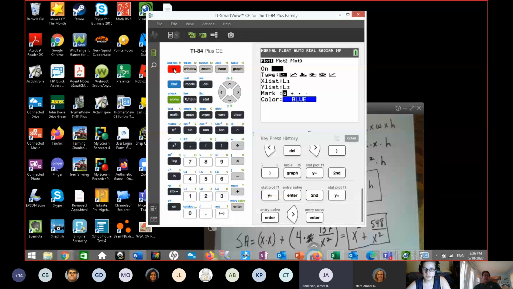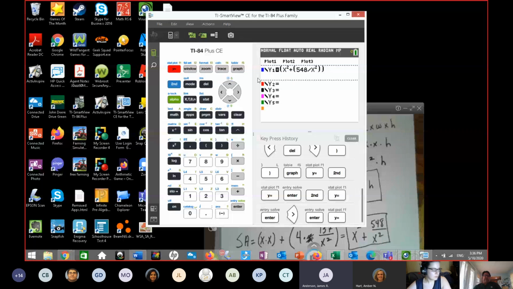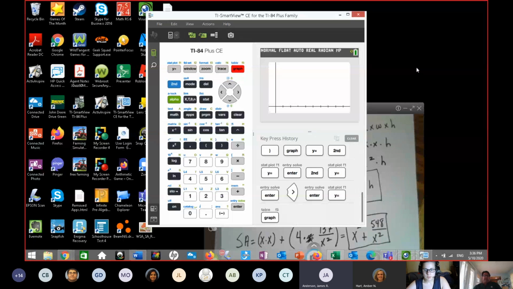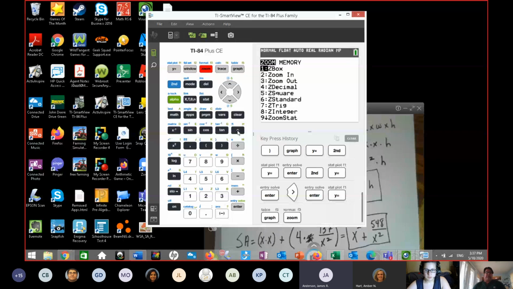And y is equal to that, and hit graph. Okay, to draw the graph, and I guess I'm going to have to hit 0, well, 0 is going to give you an undefined function, so I don't know what I'm graphing. Let me do a zoom standard. This calculator is running very slow.